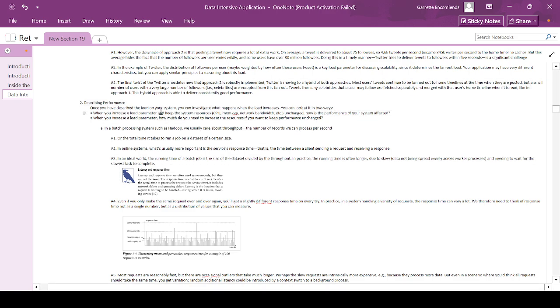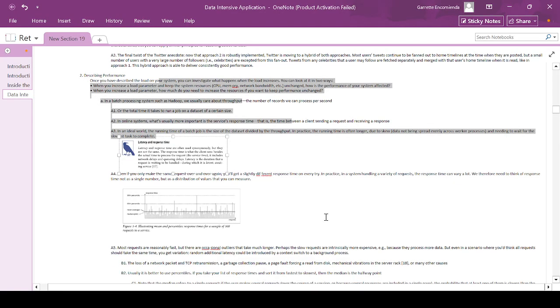Once you have described the load on your system, you can investigate what happens when the load increases. You can look at it in two ways. When you increase a load parameter and keep the system resources, CPU, memory, network bandwidth, etc. unchanged, how is the performance of your system affected? And when you increase a load parameter, how much do you need to increase the resources if you want to keep performance unchanged?